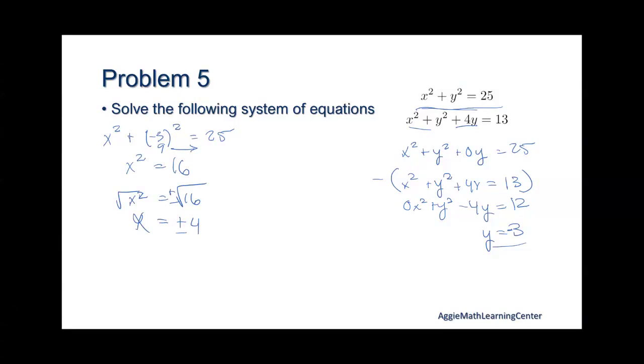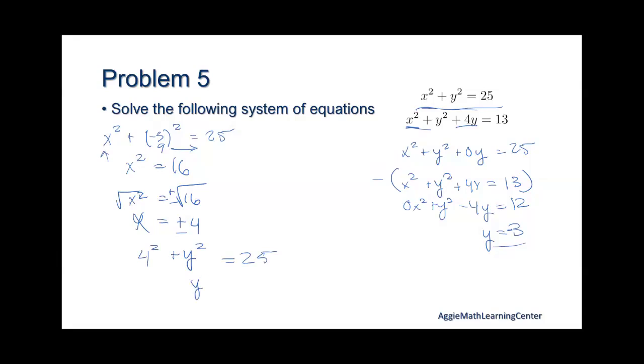Given that these have squares, I have a hint that there might be more y's out there as well. So I'm going to take something like plus 4 and plug it back into this equation and see if there's anything else that would work. So I do 4 squared plus y squared equals 25.